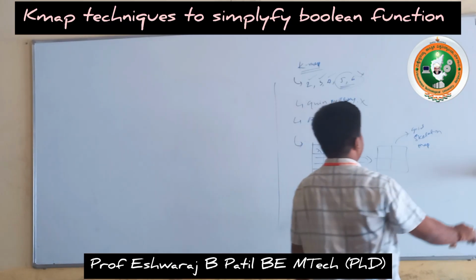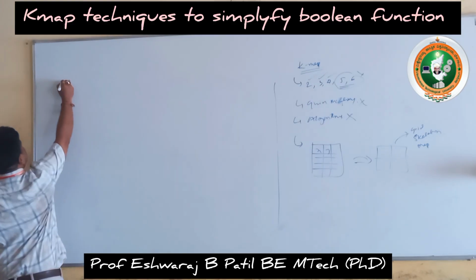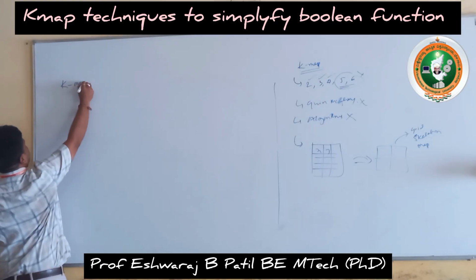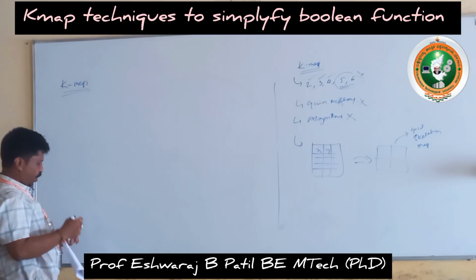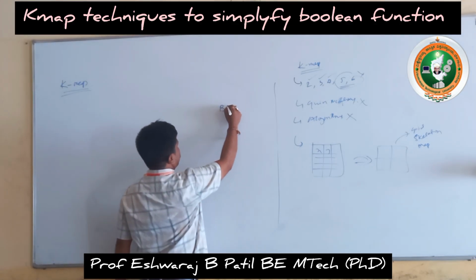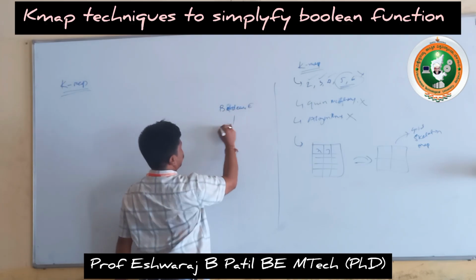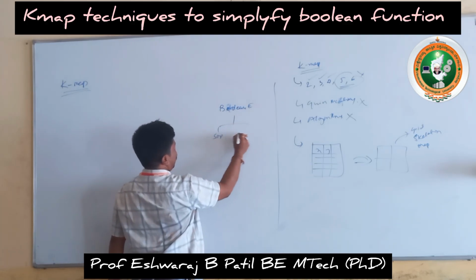Then we'll come to the new topic, the KMAP. For the Boolean function, we have 2 forms, SOP and POS.